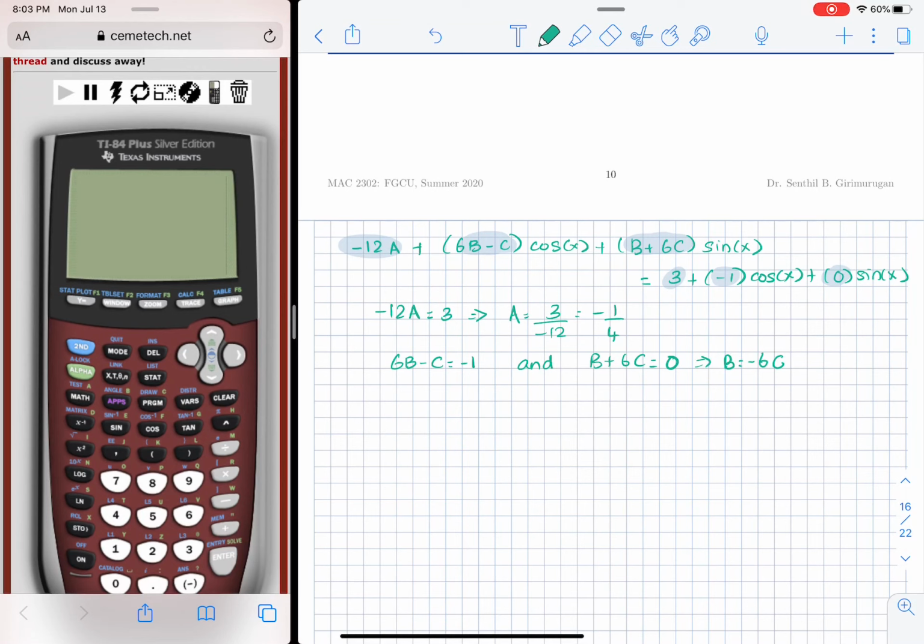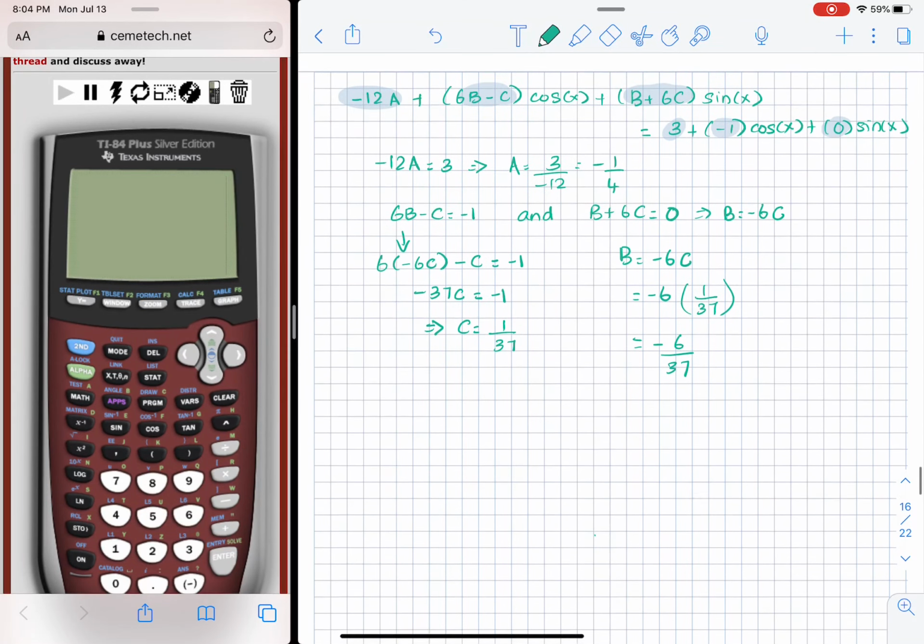So take that, plug it in this equation. 6 times negative 6c minus c would equal minus 1. So we have negative 37c equals minus 1, which would imply c is 1 over 37. Take that and plug it in b. We have minus 6 times 1 over 37, so we have negative 6 over 37.